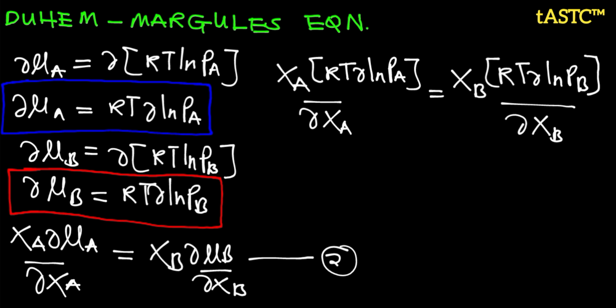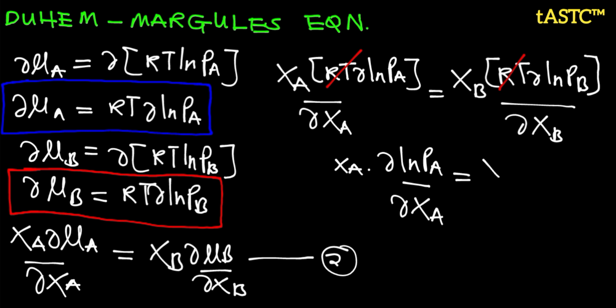Now you can find something which is common on both sides of this equation. We have RT being common on this side and also on the other side. So what is that going to give? That will cause this to cancel out and cause the equation to reduce to this. So we have x a multiplied by d ln P sub a, divided by dx sub a.